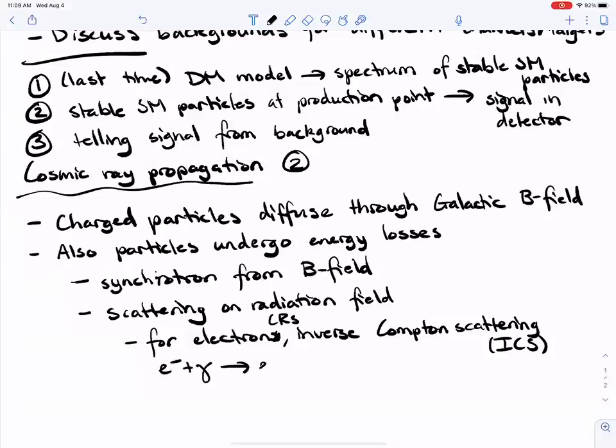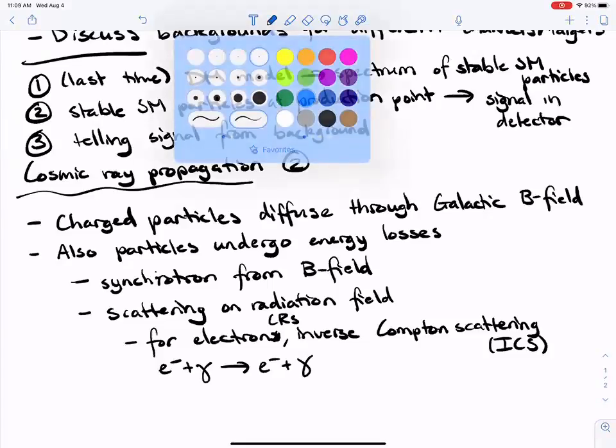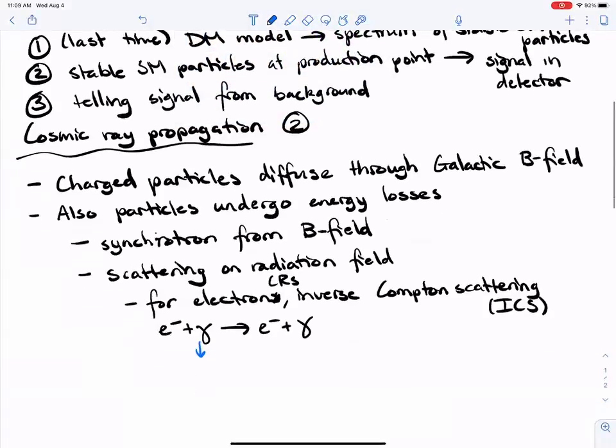So this is just electron plus photon scattering, but if the electron comes in with a lot of energy and the photon comes in with a low energy, then at the end of the scattering, the electron will transfer energy to the photon. So this kicks the photon up to a higher energy, which could be in the X-rays or the gamma rays. The reason why this is called inverse Compton scattering, not Compton scattering, is that in traditional Compton scattering, the photon has more energy and the electron is at rest, but it's just a change of plane. That's all the inverse means.